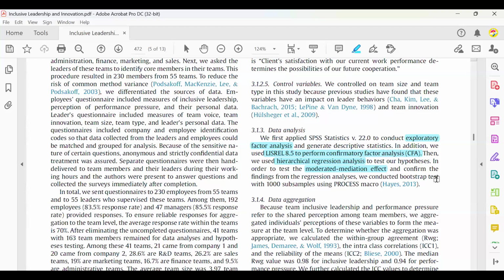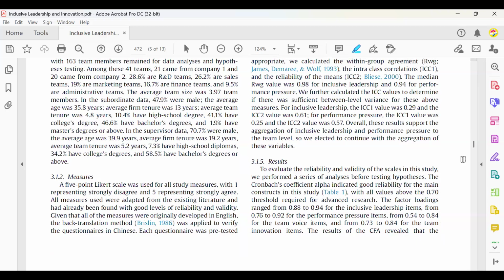A bootstrap test with 1,000 samples was conducted using PROCESS macro. So all these are good notes to make to understand data analysis conducted for the study.